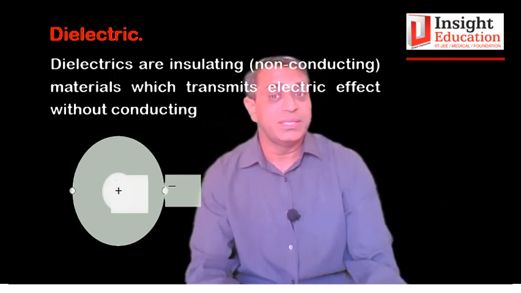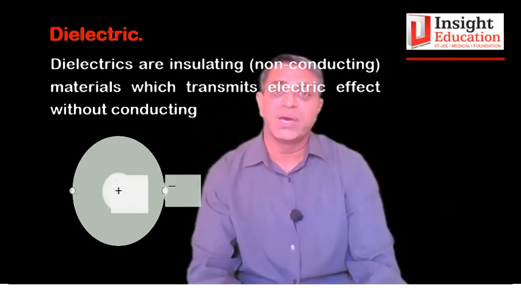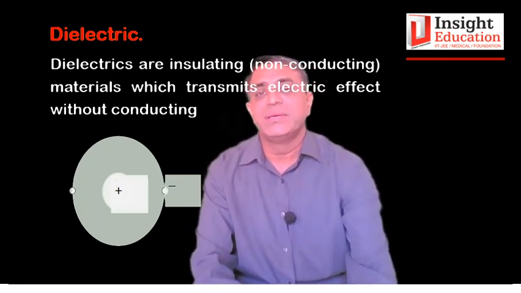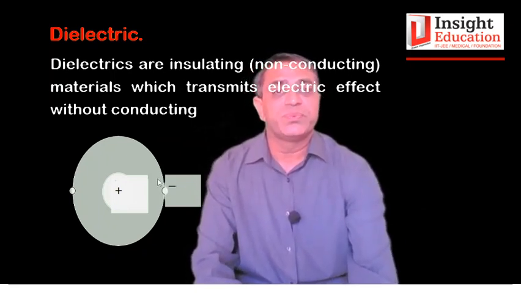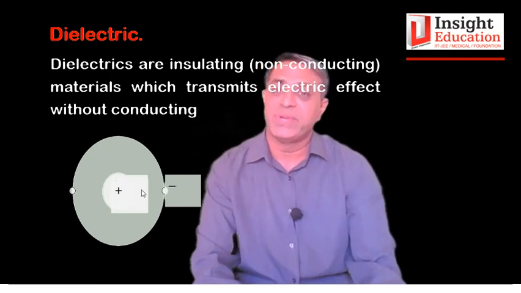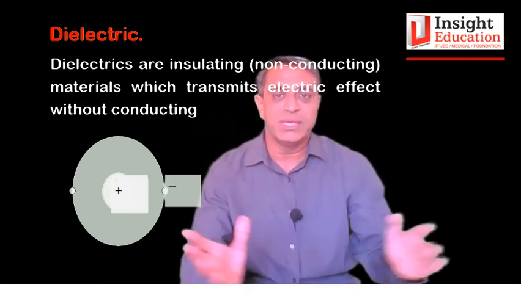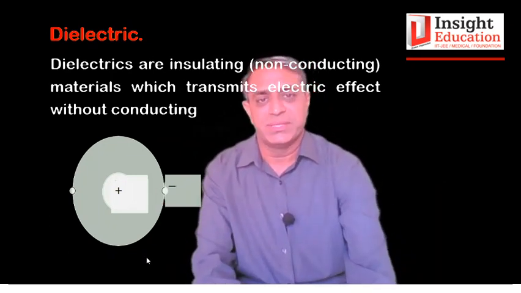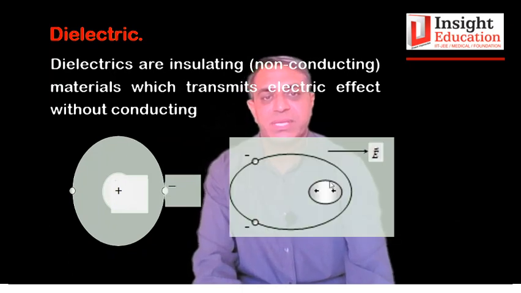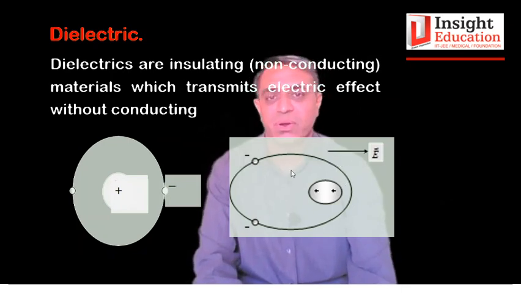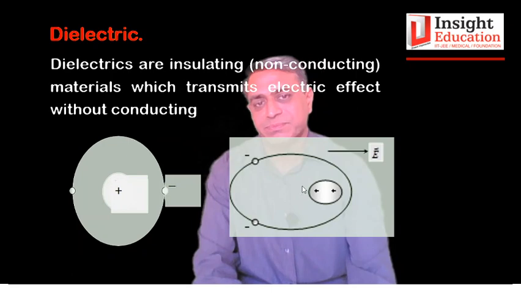But when this atom is exposed to the electric field, then this center of positive charge and center of negative charge will move in opposite direction. So now you can see center of positive charge, center of negative charge. So it will create a dipole moment, or it will create a dipole. So this is the effect of electric field on the atom.